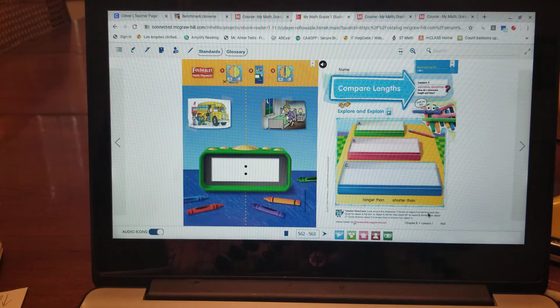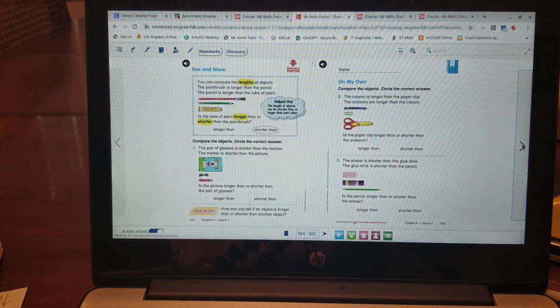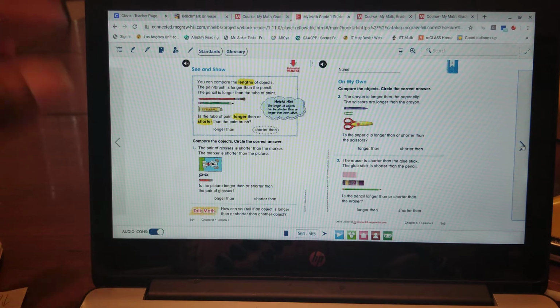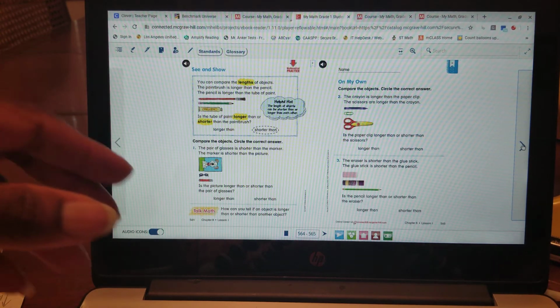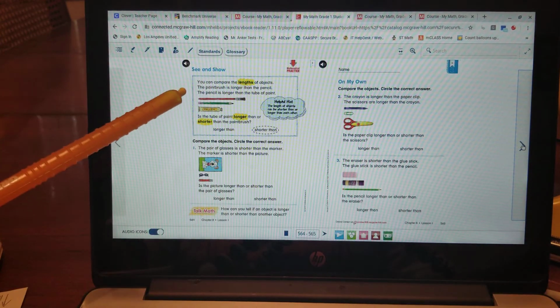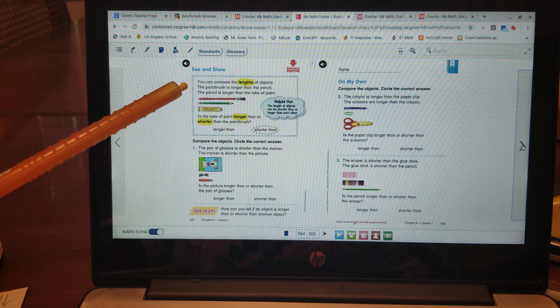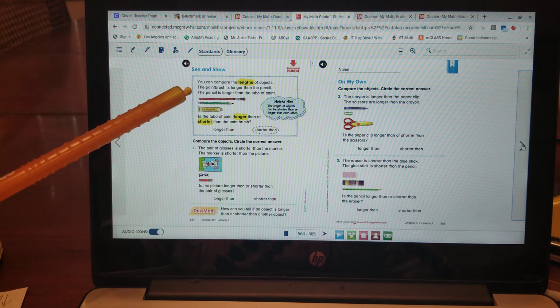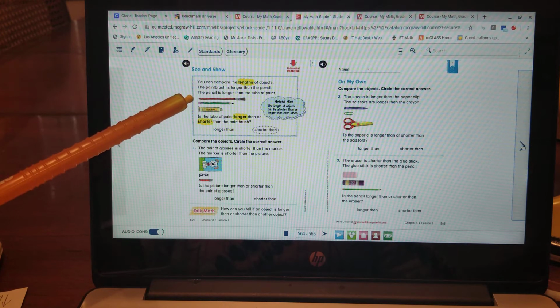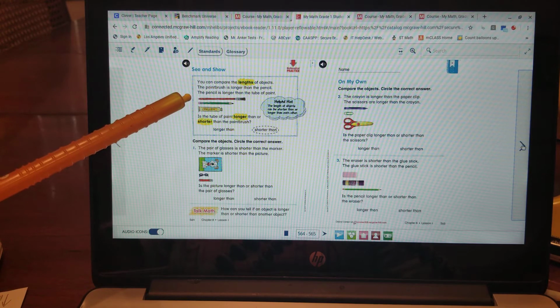Okay, we saw this page. It says you can compare the lengths of objects. The paintbrush is longer than the pencil. The pencil is longer than the tube of paint.